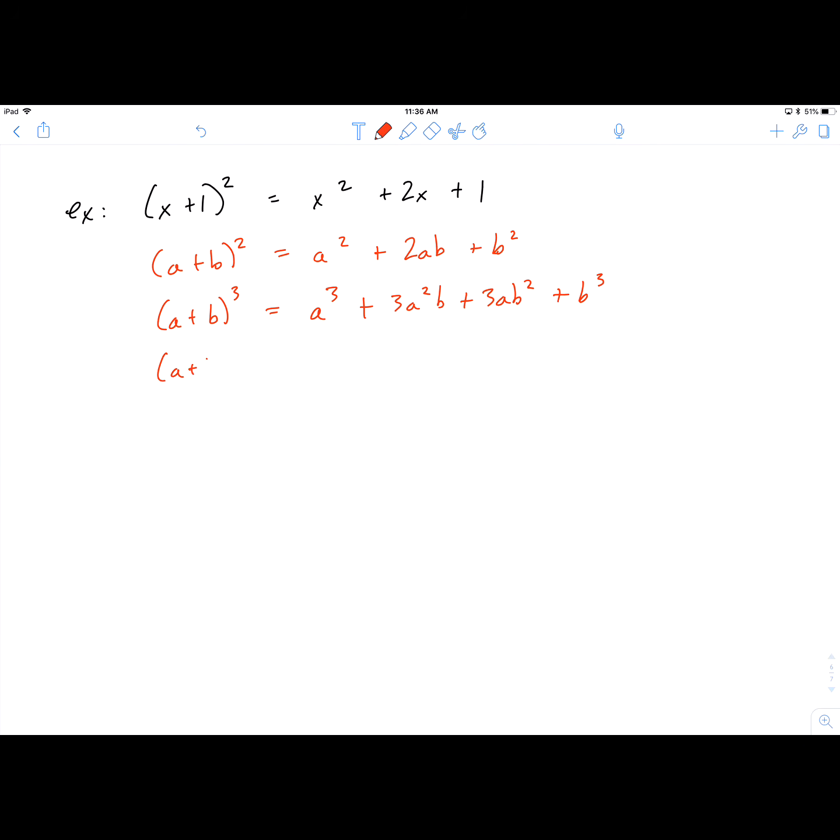Then if you raised it to the fourth power, this would be even more tedious, but if you work this out, you'd get a to the fourth plus 4a cubed b plus 6a squared b squared plus 4ab to the third plus b to the fourth, which may not look like much yet.